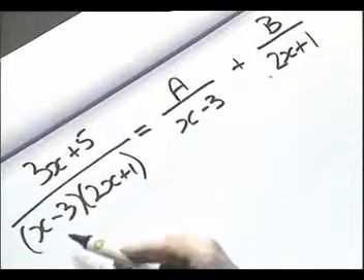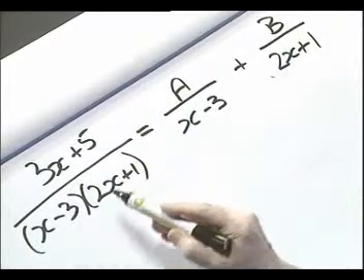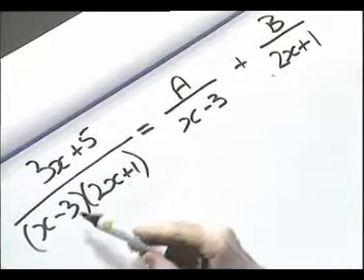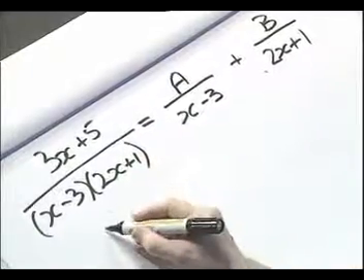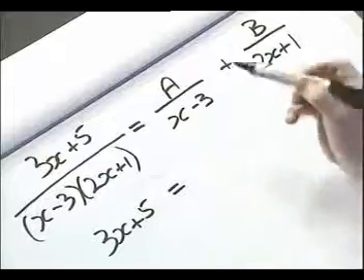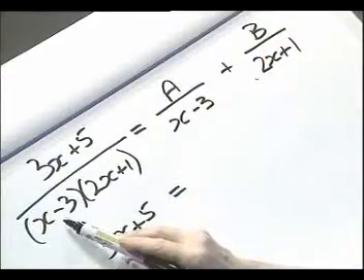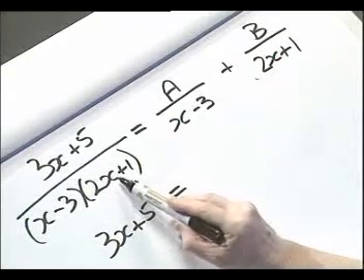The next thing to do is to multiply everything through by what's on the bottom, x minus 3 times 2x plus 1. If you multiply the left-hand side by that, we just get 3x plus 5 equals a over x minus 3 times x minus 3 times 2x plus 1.